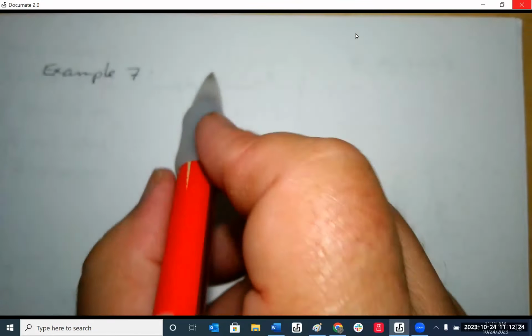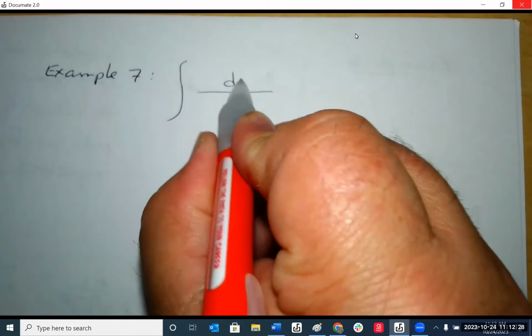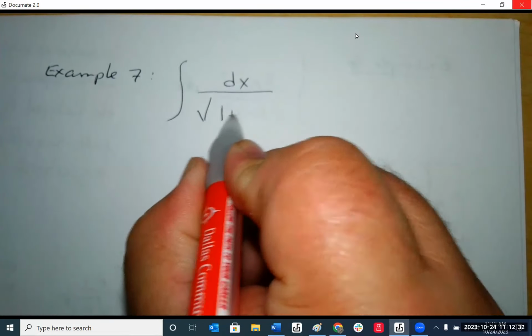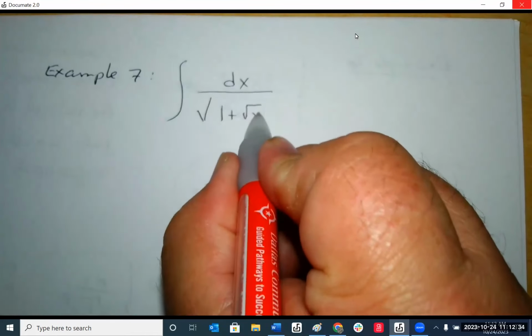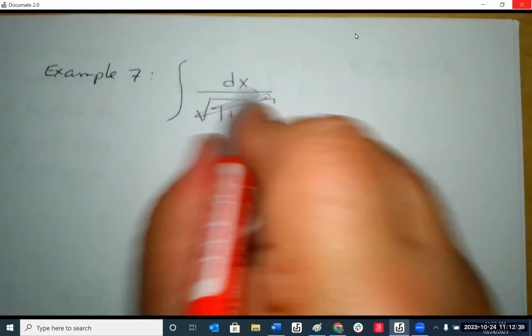Example 7. Evaluate this function. One plus radical x. Oops.